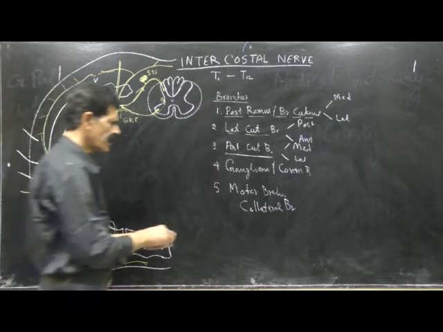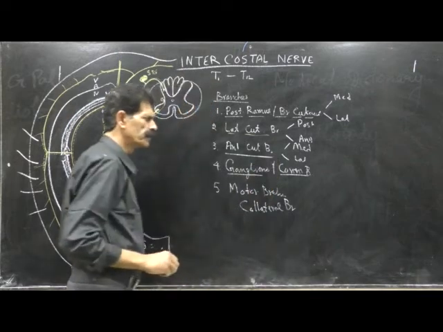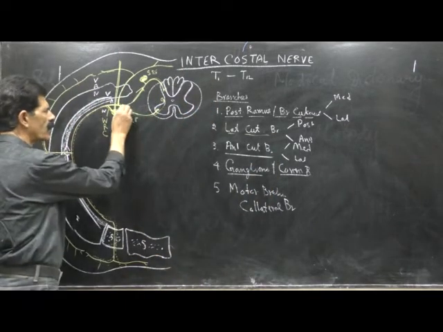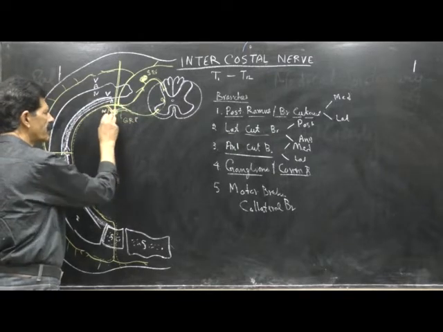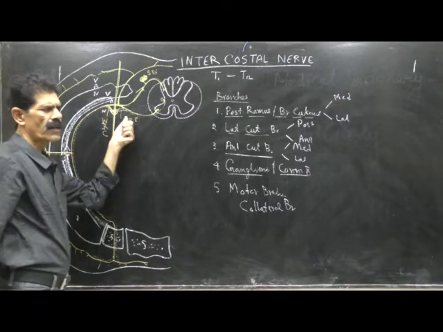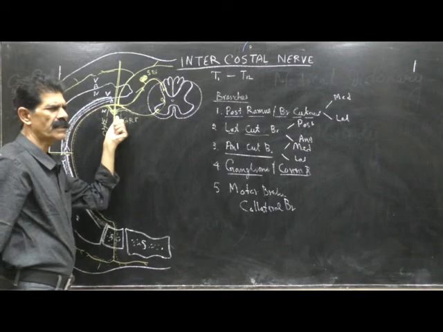Then come the ganglionic or communicating branches of the intercostal nerve. The ganglionic branches are two. One is the gray ramus communicans, which is proximal, and the distal one is called the white ramus communicans. So every intercostal nerve is attached to a sympathetic ganglion.